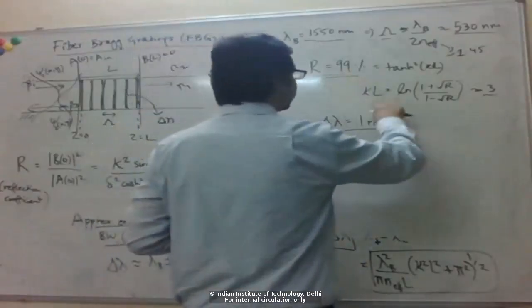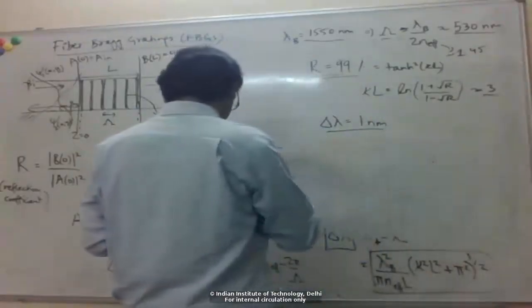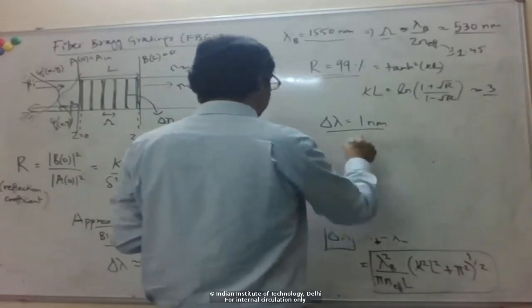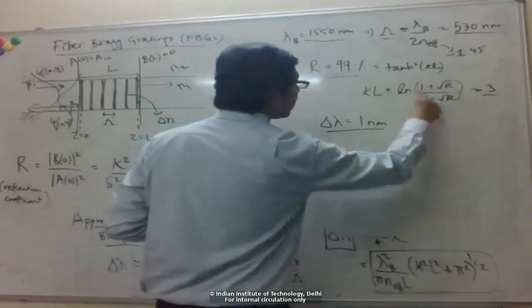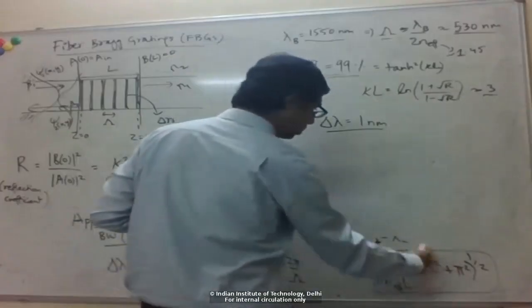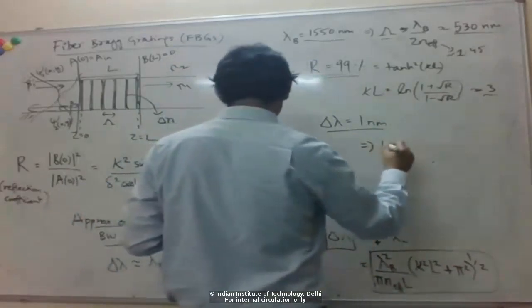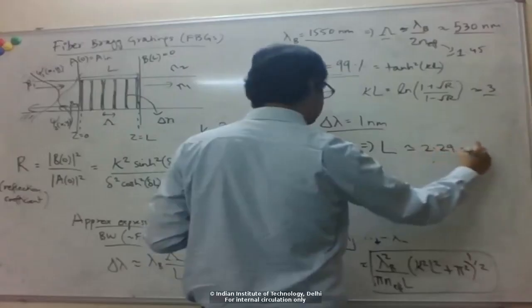So from the peak reflectivity, we get what value of kappa L we need, and then from the bandwidth, if you use this expression, we already know what kappa L is. So from here we can get what L we need. Basically we get L is about 2.3 millimeter.